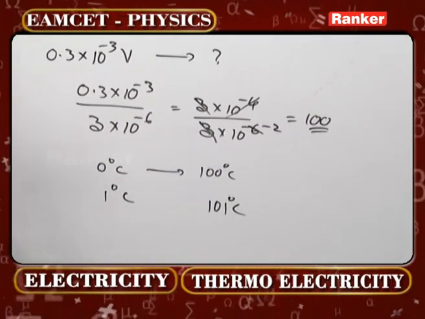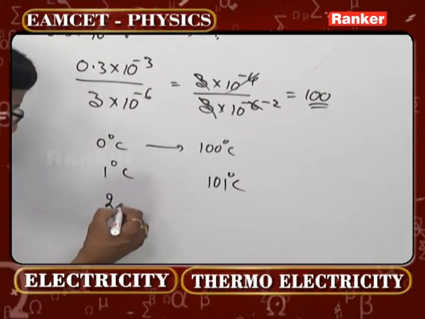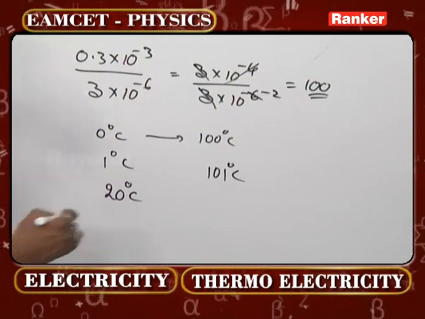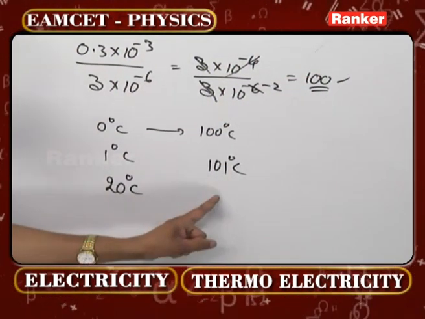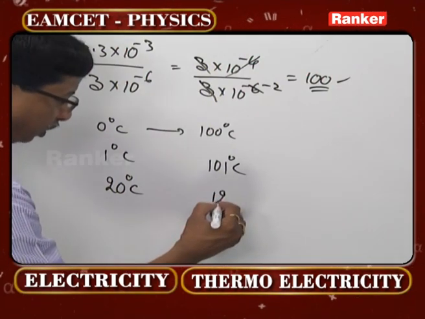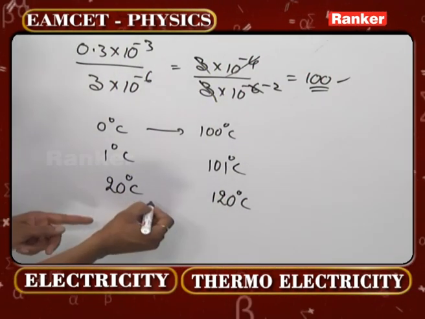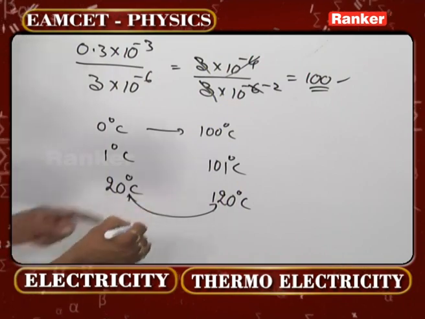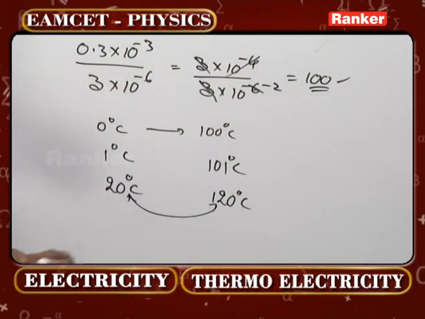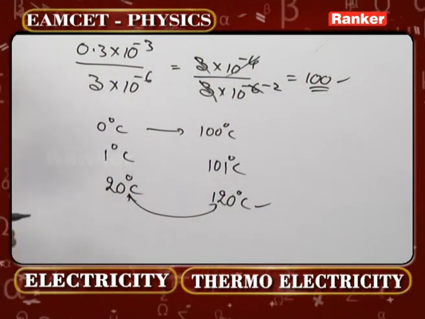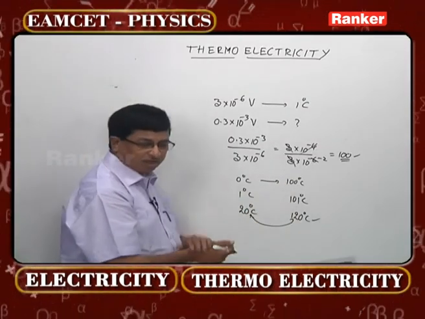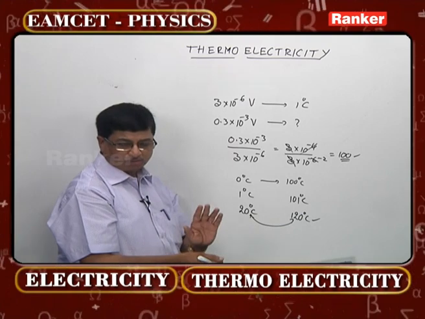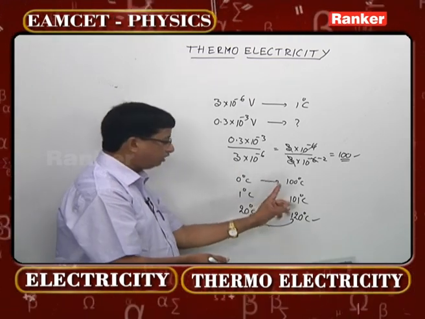Now according to the given problem, if the cold junction is at 20 degrees centigrade, for having a 100 degrees temperature difference, what should be the temperature of the hot junction? It should definitely be 120, so that the difference of these two will be equal to 100. So what is the correct option for you? The hot junction will be at a temperature of 120 degrees centigrade. So the third option is going to be the correct option for this question.